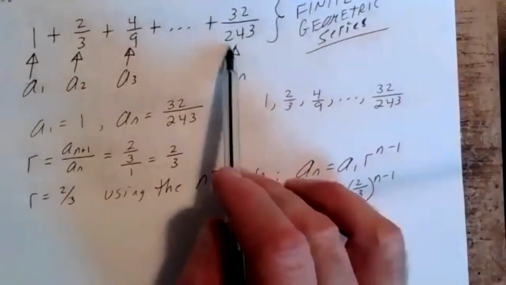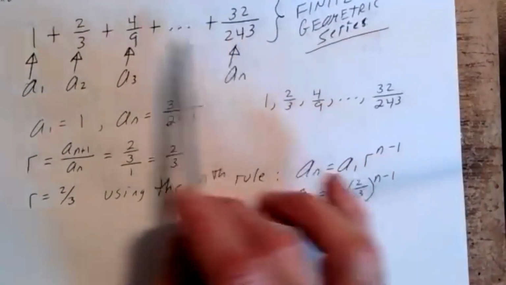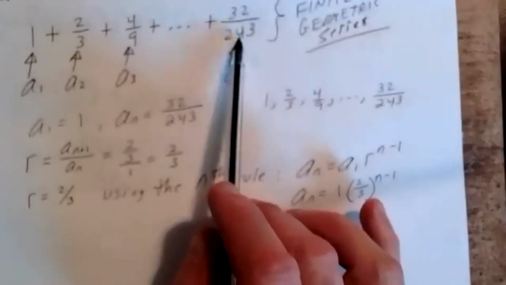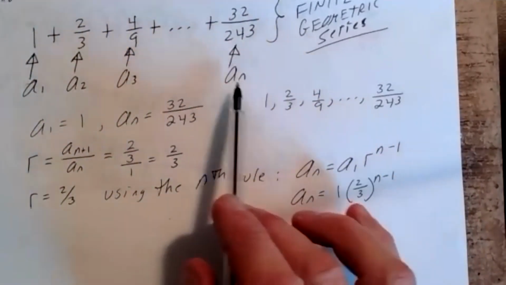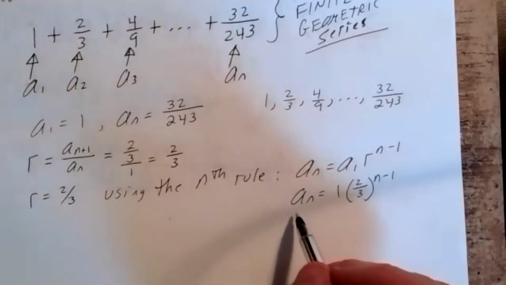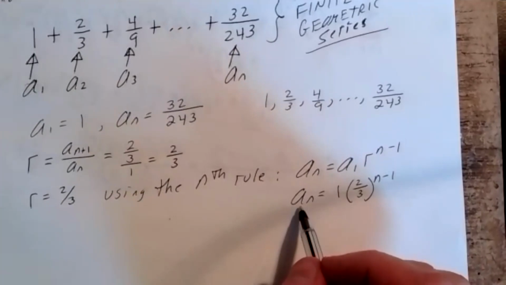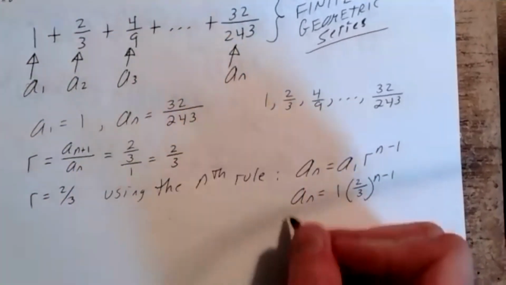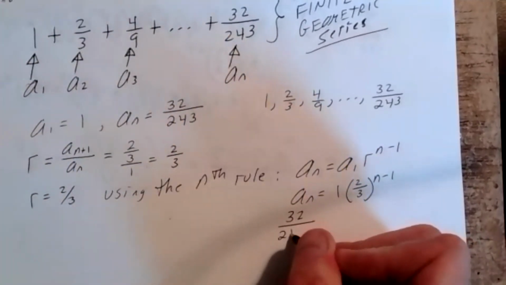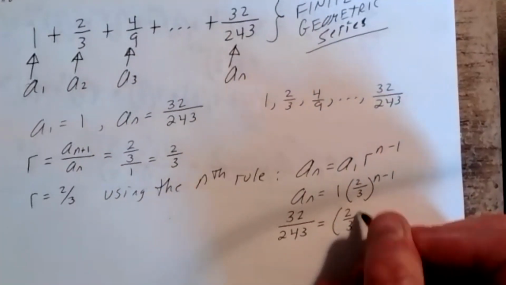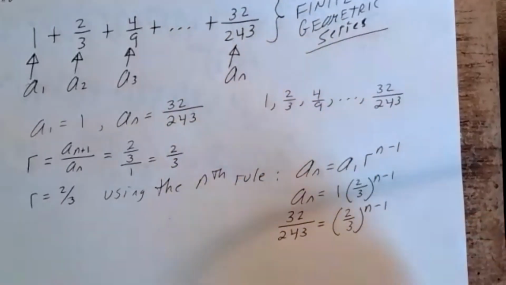But ladies and gentlemen, remember, we got to try to find what term this last term is here, so we can try to figure out how many terms we're adding together here. We know it's called the nth term in general. So therefore, using this nth rule I developed down here, I can let a sub n be equal to 32 over 243. And that's equal to 2/3 raised to the n minus 1 power.